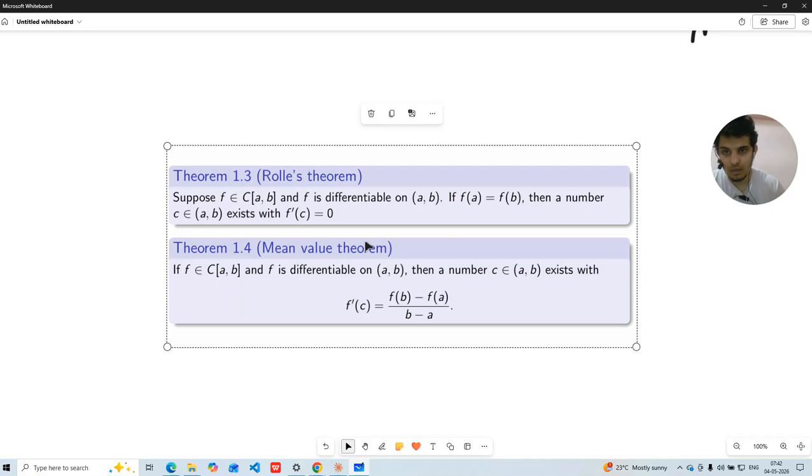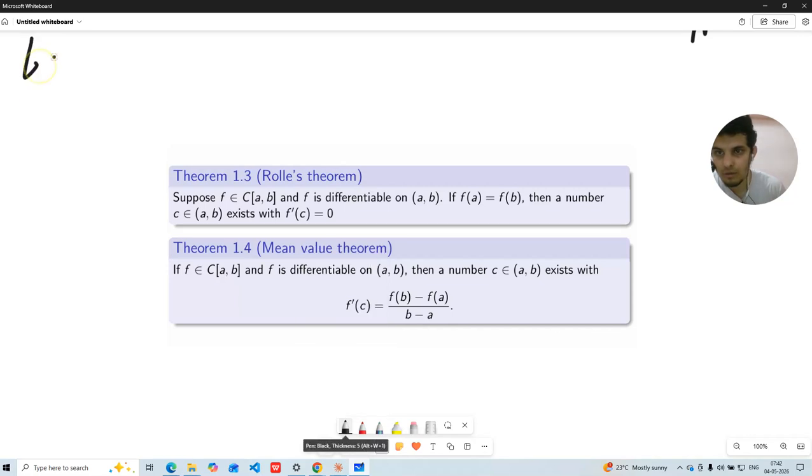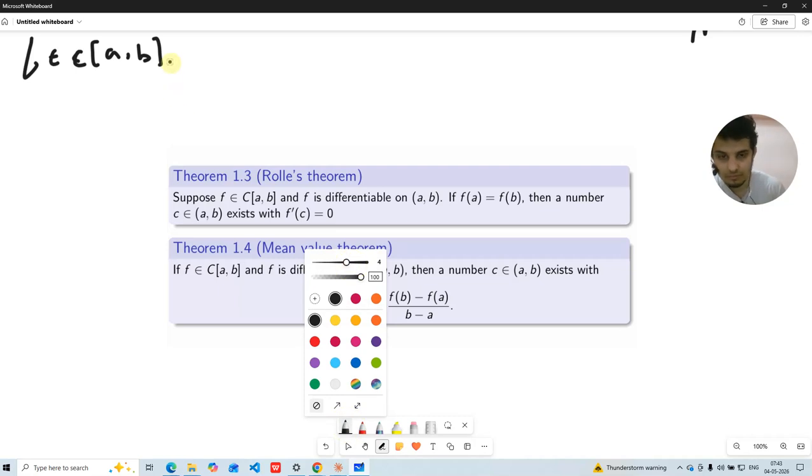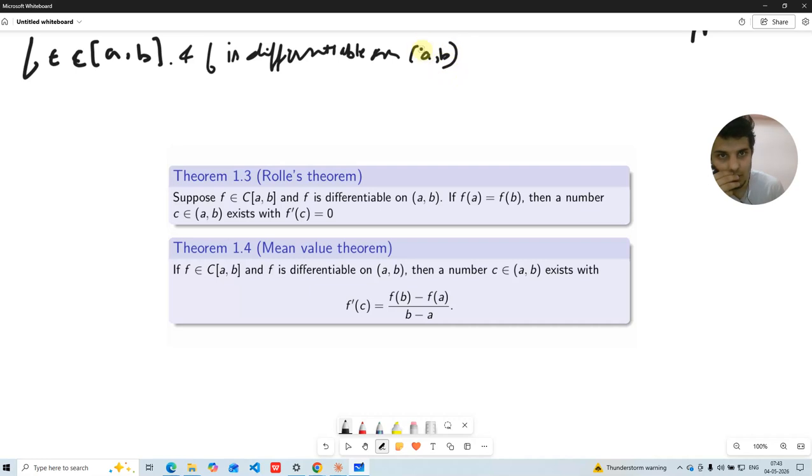So suppose f belongs to the closed interval [a, b], and f is differentiable on the open interval (a, b).